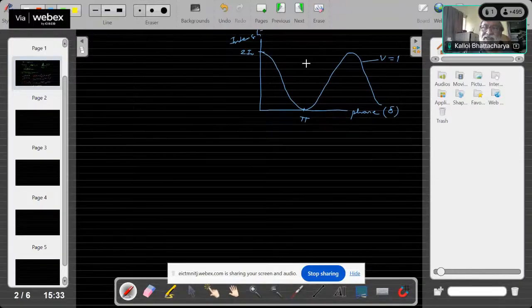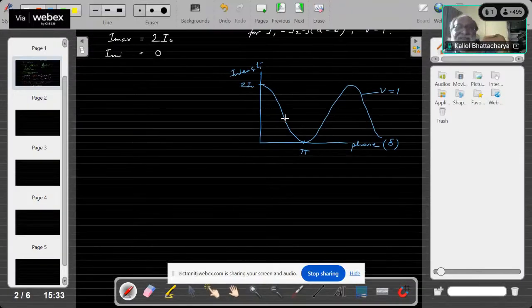So in the incoherent case, what we have is simply a line here, which is independent of delta. This is I naught. I'm sorry, this should have been a little lower.